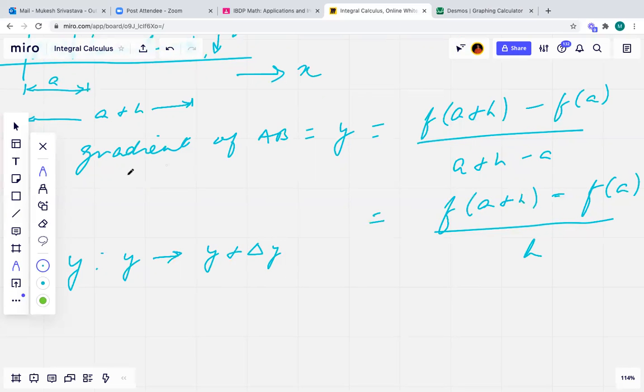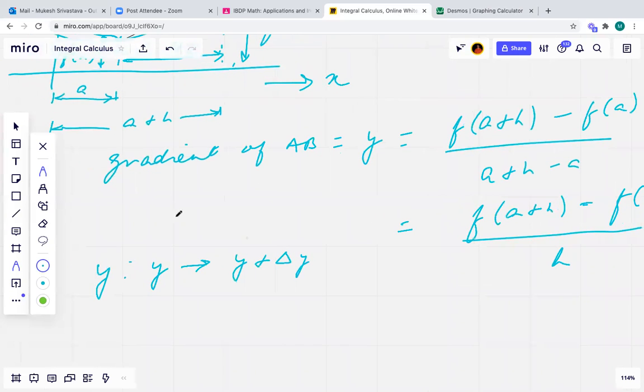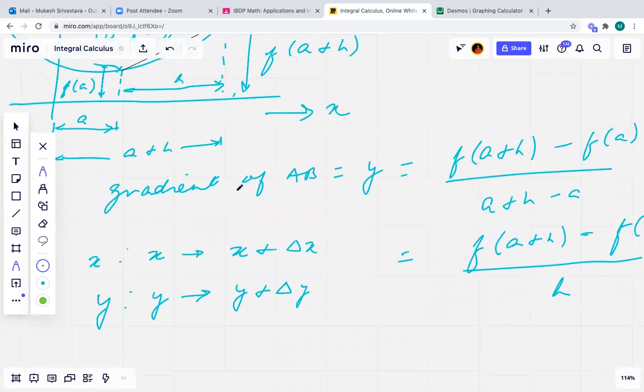No, in fact, I have placed the cart before the horse. I should say x is changing from x to x plus delta x. My delta x is h, no? It changes from a to a plus h.